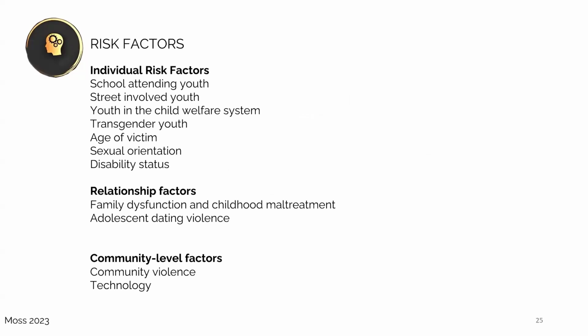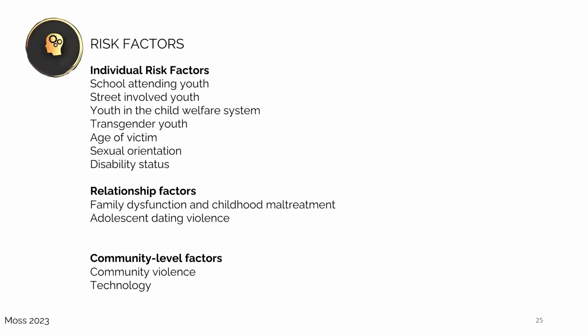Broadly, some individual risk factors include school attending youth. Youth serving organizations are the second highest place where children are at risk of child sexual abuse. Street involved youth and children in the child welfare system are also at higher risk.